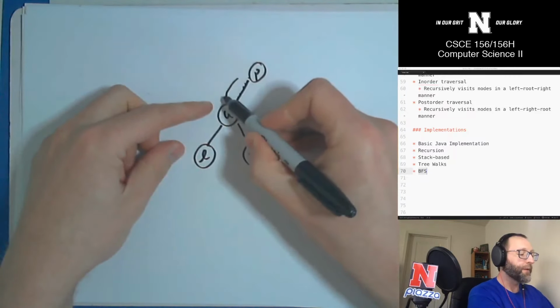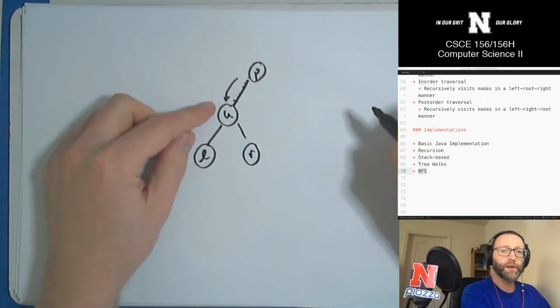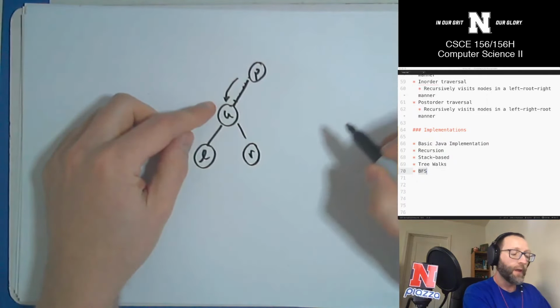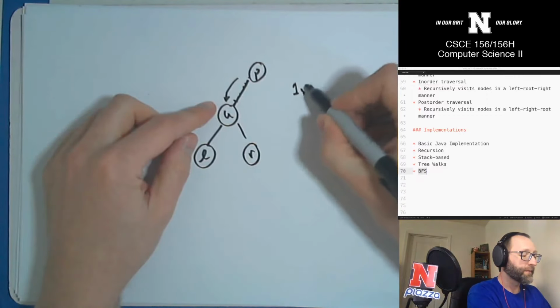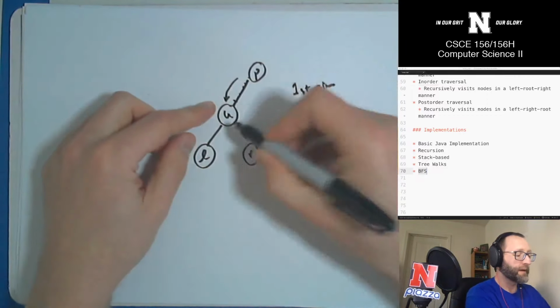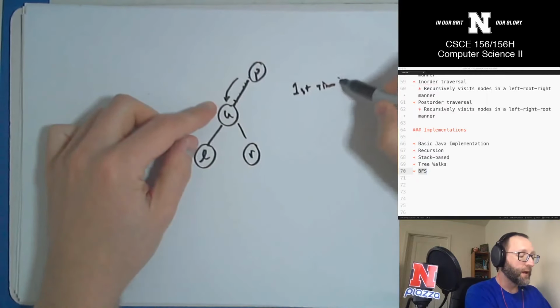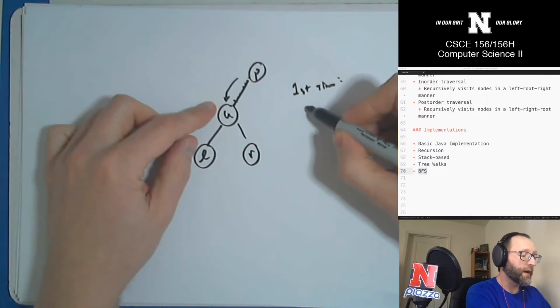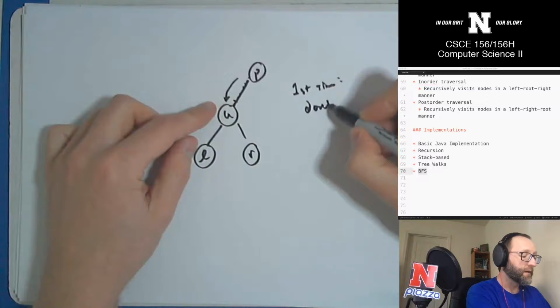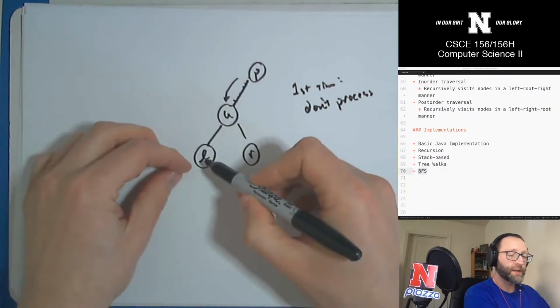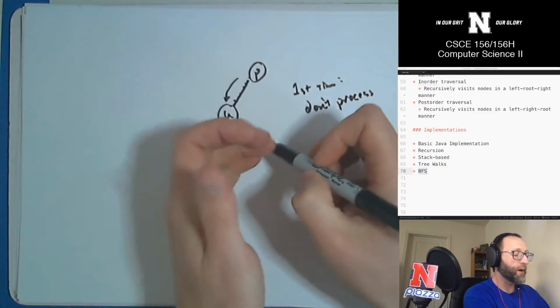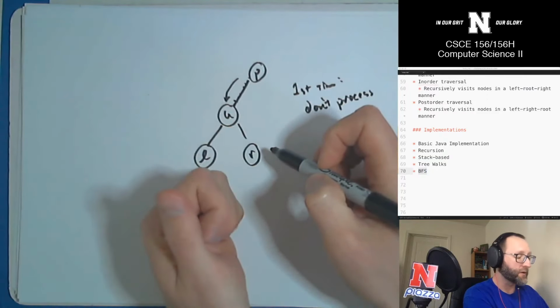If this is the first time that we've come into this node from the parent, then we don't want to process it. If this is the first time that we've come down from the parent, then we ignore it. We don't process it because we want to process the left tree, and then we want to eventually process the right subtree.